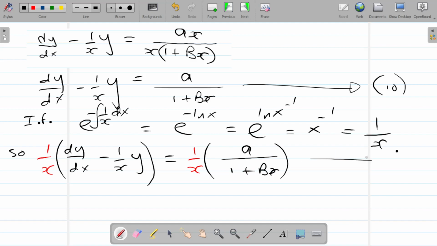We'll call that equation 11. There we are.